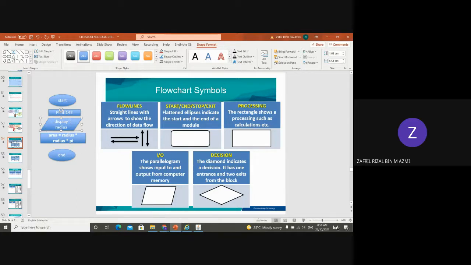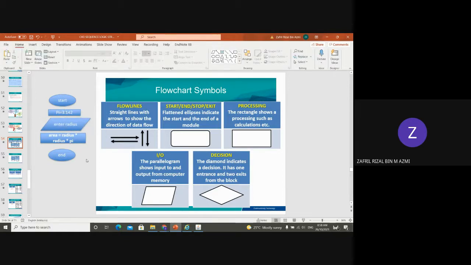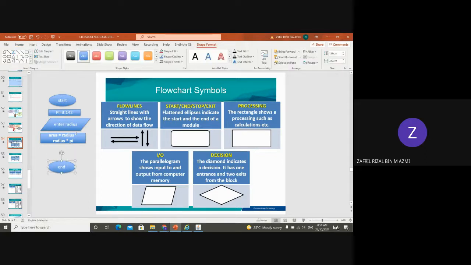Use the same symbol. Okay, let's say we use enter. So this is for input, kan. Okay. And over here we have output. Jadi, kan, print area.